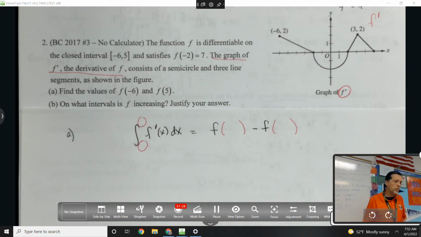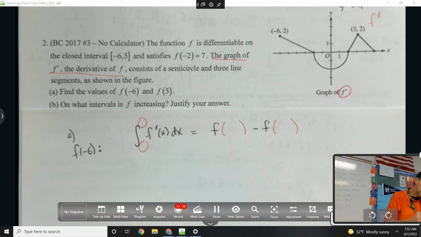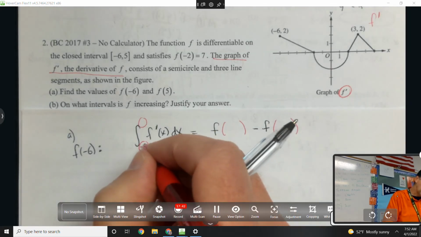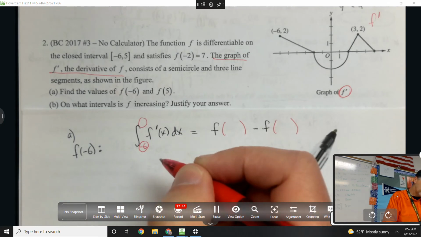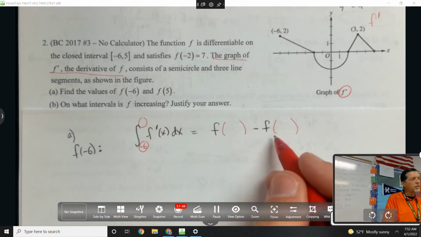Now what should I use for x values if I want to find f of negative 6? I'm thinking I should definitely use negative 6. What else should I use? If I use 5, that's going to give me two things that I don't know.